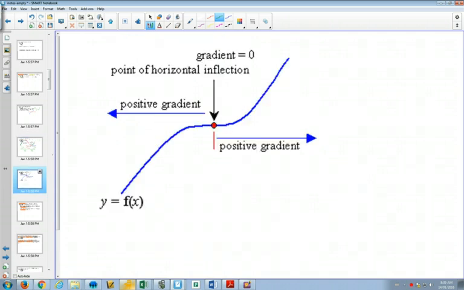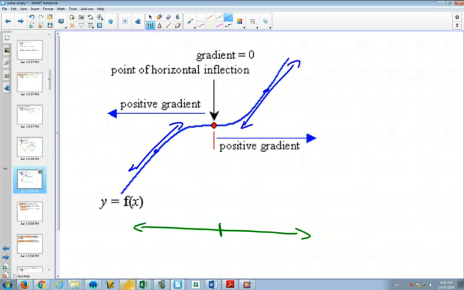And here is what happens in our horizontal inflection point. We've got our stationary point of inflection. Again, we would have found out that this is where our tangent is equal to 0. But when we check something before and something after, no matter which point I pick and think about my tangent lines, they're both going to be positive.